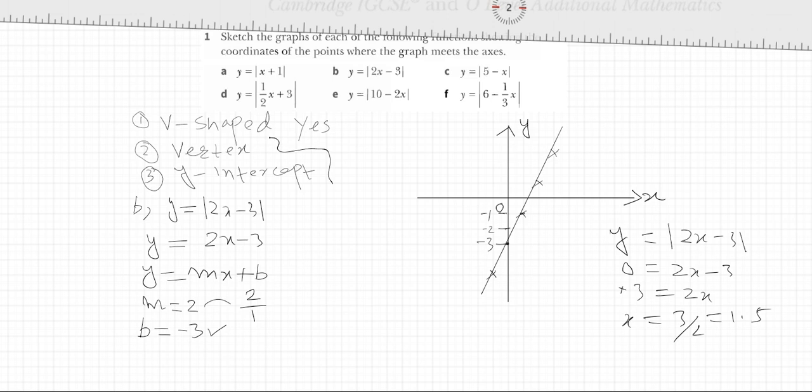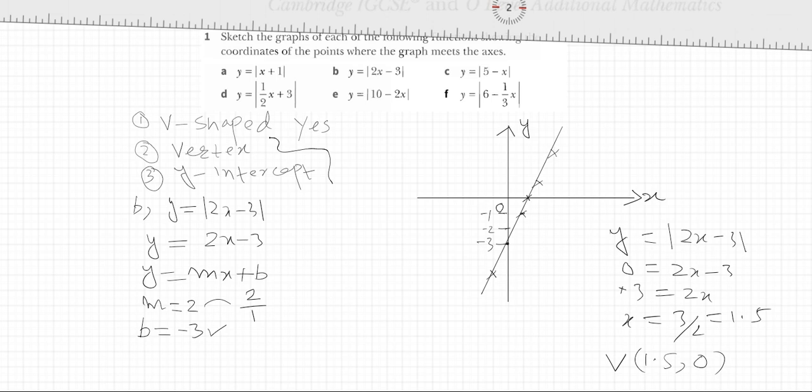So our vertex is 1.5 and 0. So this is 1 from the right side of the origin. So this point is our vertex, and you know the graph of an absolute function must be a V-shaped graph.